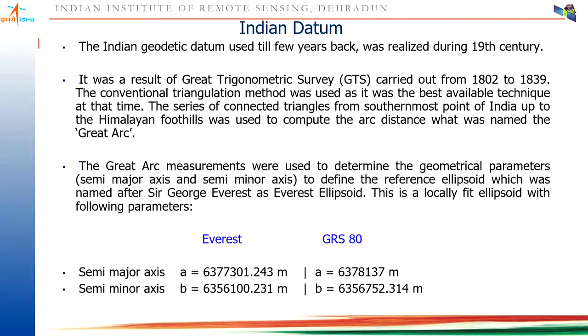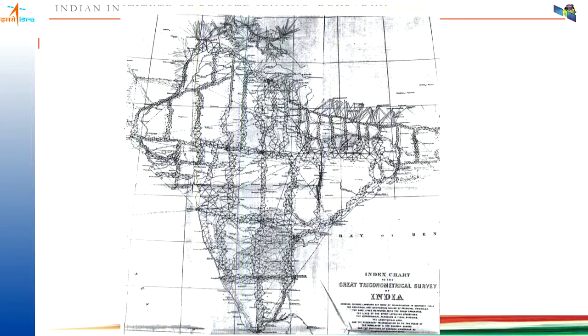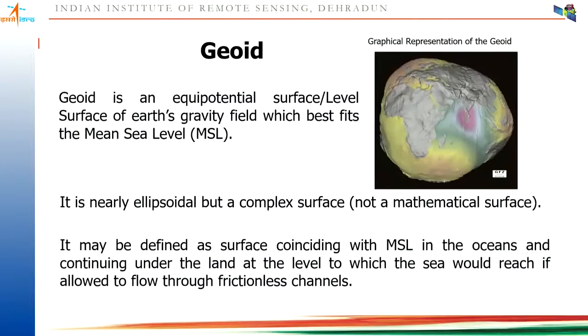That way we can say that the mathematics and technology we had in India at that time was so developed, close to the geocentric ellipsoid, if we compare with today's work with the latest technology available. Similarly, there is a minor difference in the minor axis as well. This was the trigonometric survey we did at that time.